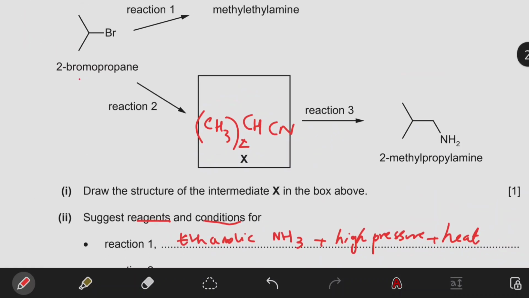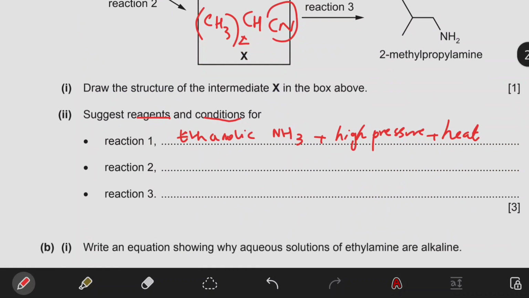Now reaction 2, as we saw, a nitrile is being added, so definitely ethanolic KCN or NaCN, and definitely heat under reflux is the condition. So remember to write ethanolic and heat under reflux.